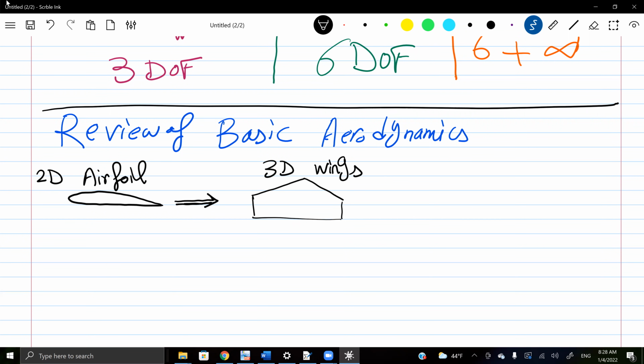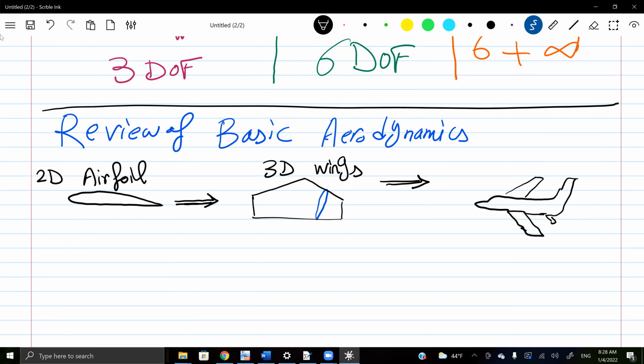Because any section here is this airfoil, right? And once we figure out the aerodynamics of our wing, we go to the next level, which is, of course, the entire airplane. So this is the evolution.